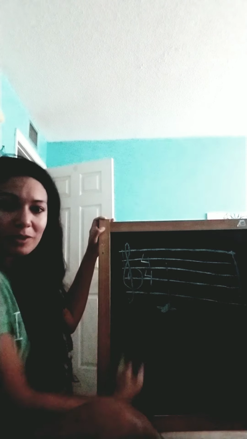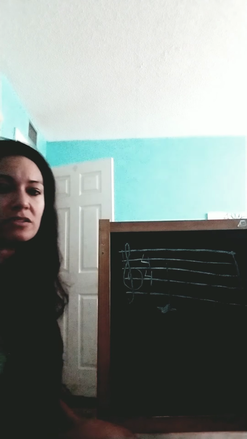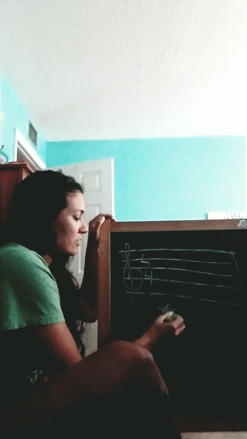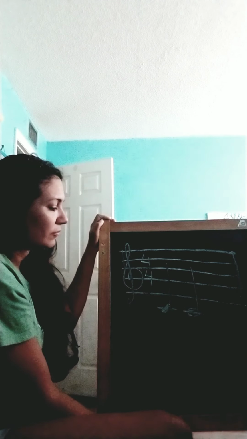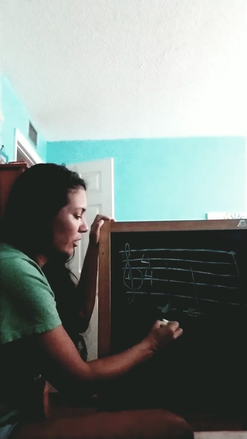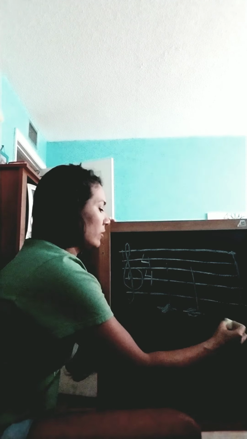So here we have middle C, and here's what middle C sounds like. Let's see if we can get a rhythm with just middle C. Let's do a half note middle C. And now we've got 1, 2, 3. We need just one more beat, so we'll add a set of eighth notes.